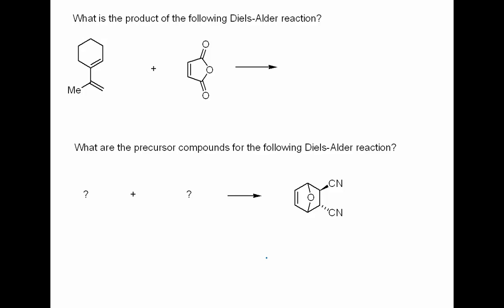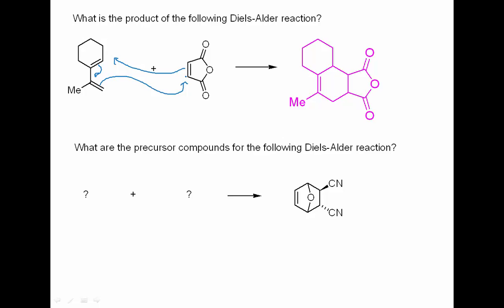Okay, let's predict the products of these Diels-Alder reactions. What's the product of this one right here? Again, this is a problem. You should pause it, then look at the answers. But the product, we'll just draw really long arrows. Involves those 3 arrows. And we make this product. There's also a stereochemistry issue.